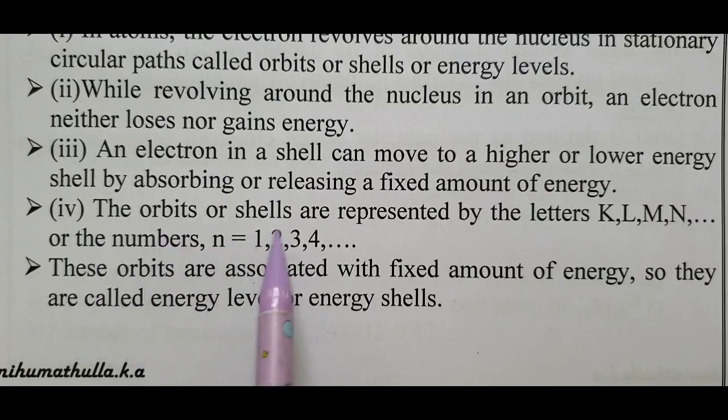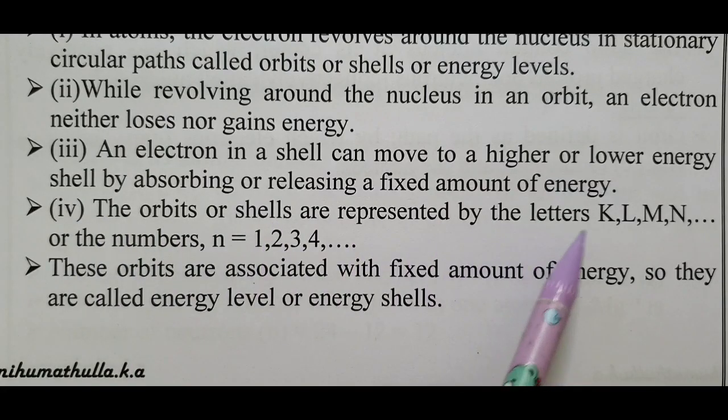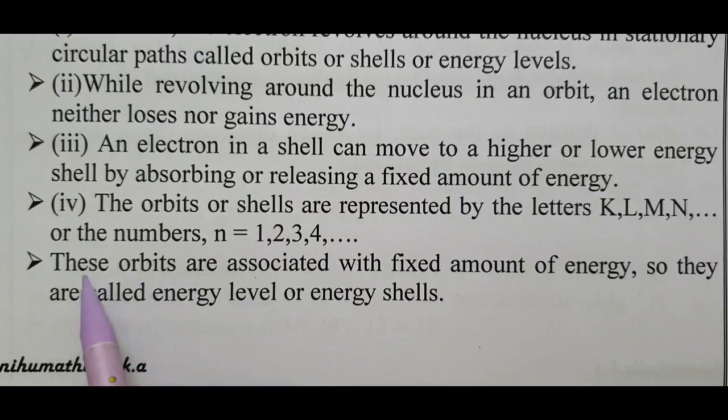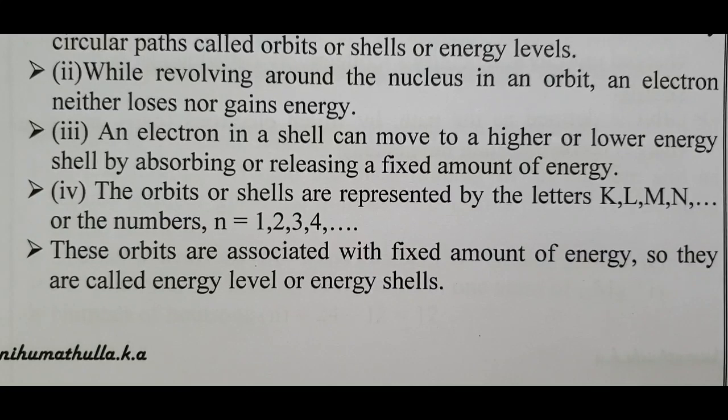The orbits or shells are represented by the letters K, L, M, N or by the numbers n equal to the principal quantum number 1, 2, 3, 4. These orbits are associated with a fixed amount of energy, so they are also called energy levels or energy shells.